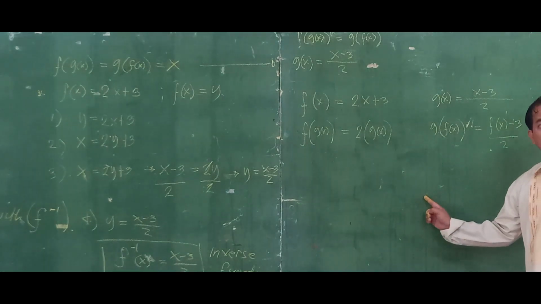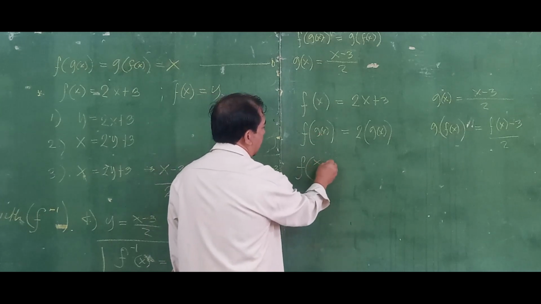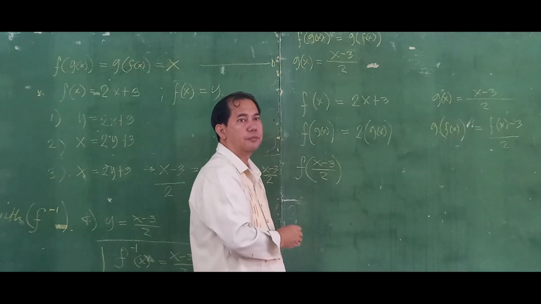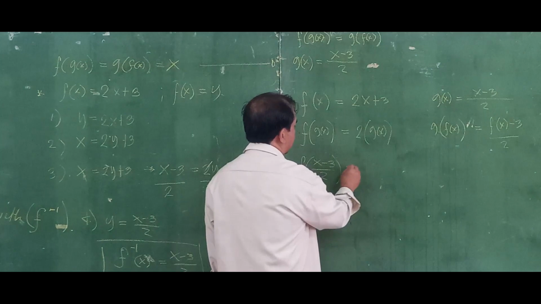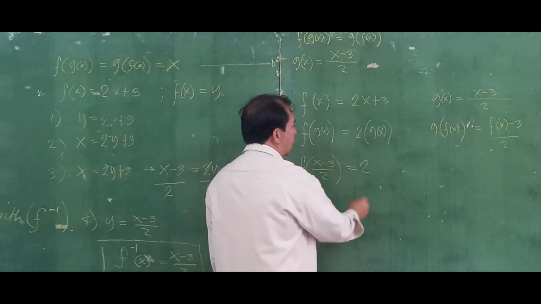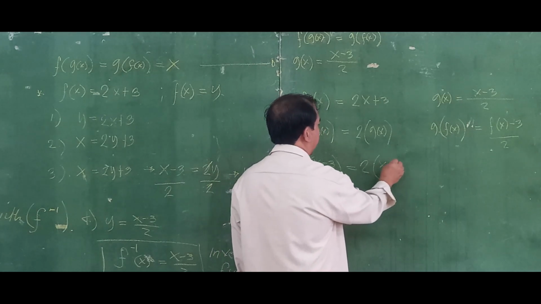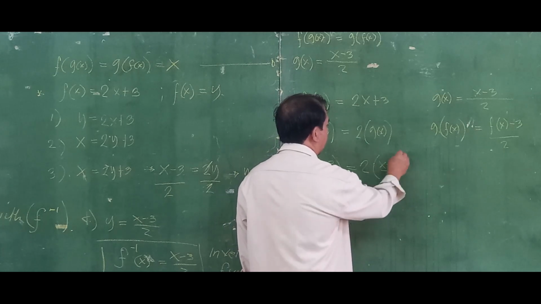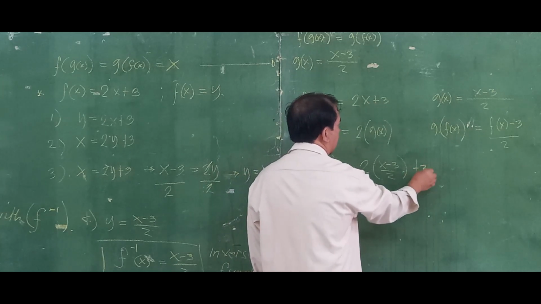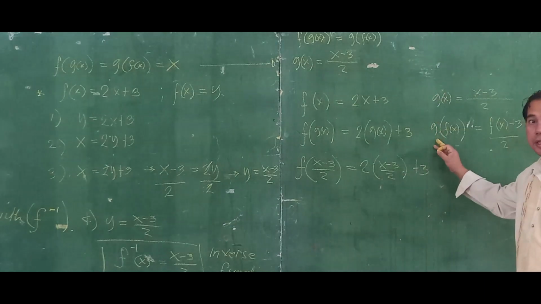Let's continue. So notice that g of x is the same as x minus 3 over 2. And of course, that is the same as I will change 2 multiplied by x minus 3 over 2 plus 3. How about the other side? Let's change the other side.